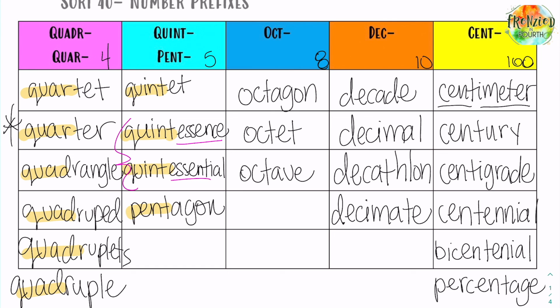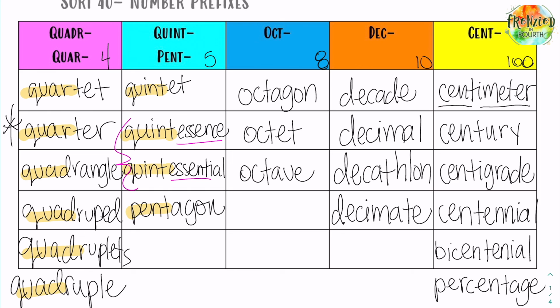We also have bicentennial, which is similar, but we do have a little bit of a change at the beginning of the word, so watch out for that. Bicentennial is the 200th anniversary of an important event. So centennial means 100 years, bicentennial means double that, or 200 years.